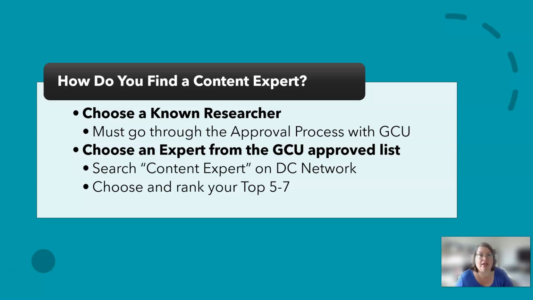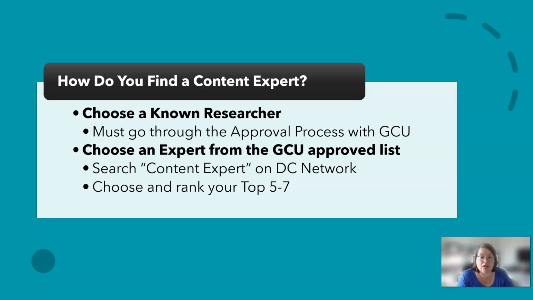Okay, so if there's someone that you want to have included that's not on that approved list, you want to reach out to them, find out if they will be your content expert earlier rather than later so you can go through the approval process before you get too far down the dissertation path. The second approach is simply to choose a content expert from the GCU approved list.